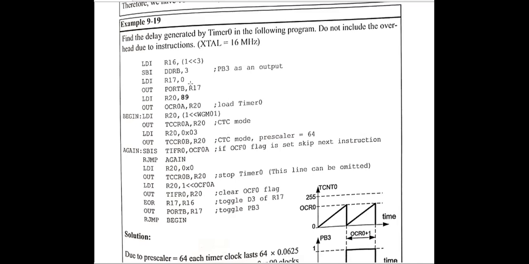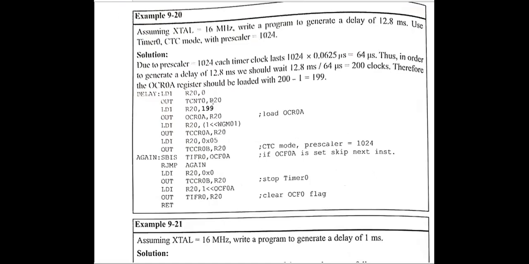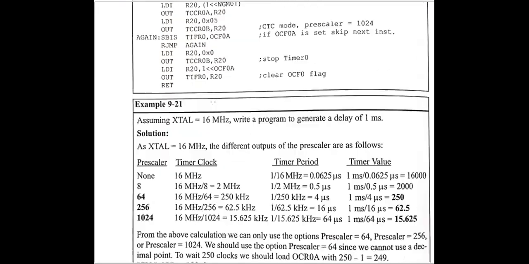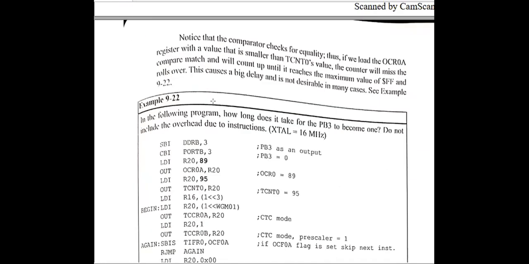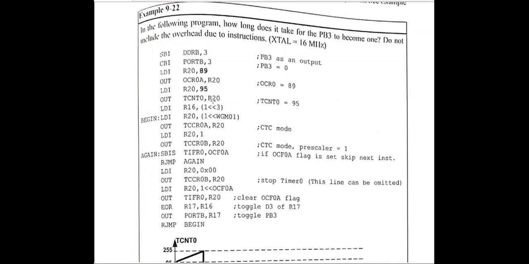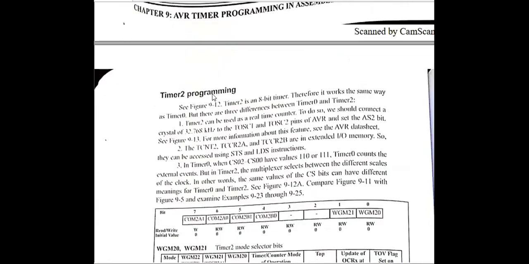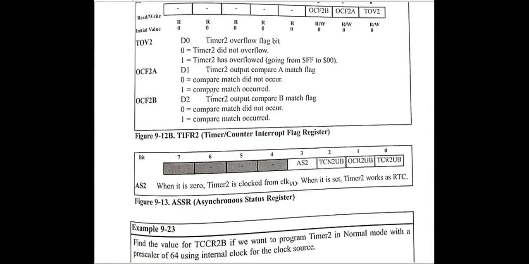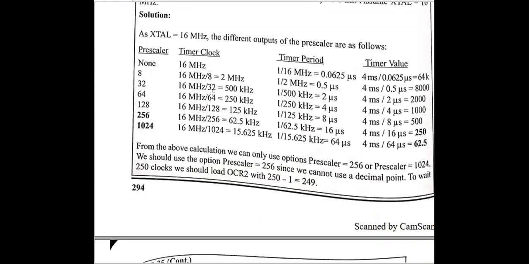So all these timer problems are just similar, we are using different crystal values and all the others are the same in the same way that we have done previously. Randomly pick some program and study that.